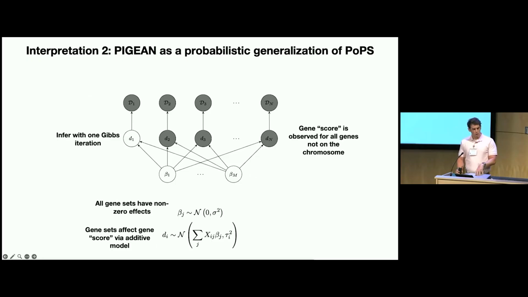If you make a couple of modifications, using heuristics to truncate this model, you get the POPS method. So this is a generalization of POPS to be probabilistic and directly fold in both direct evidence and associations alongside the annotations, which gives a justification of what POPS is doing when it's prioritizing genes at a locus.